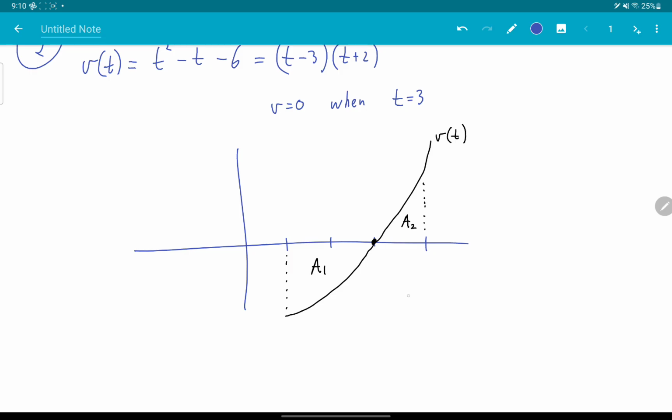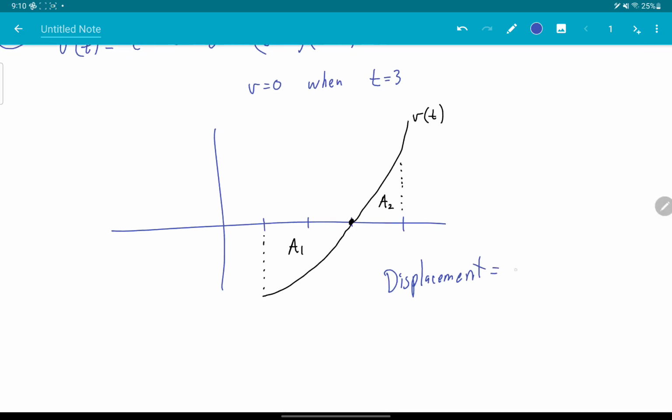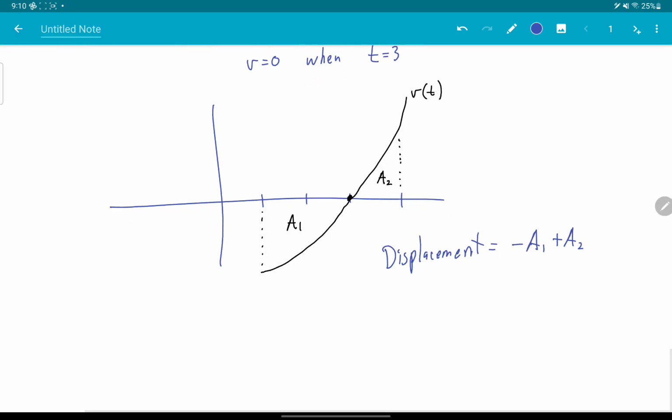So for displacement, we did negative A1 plus A2. For distance traveled, we want to do A1 plus A2.